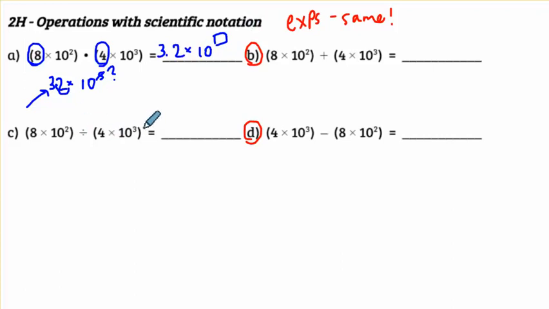Coming down here, same thing. We have 8, and now this time we're dividing by 4. 8 divided by 4 is 2. Then we have our 10 to what power? Well, we learned that when we divide, we subtract the exponents.